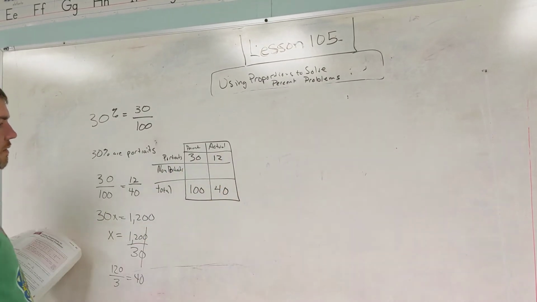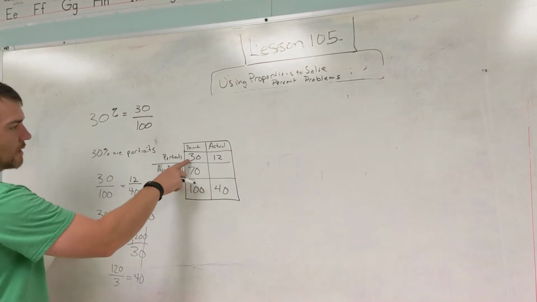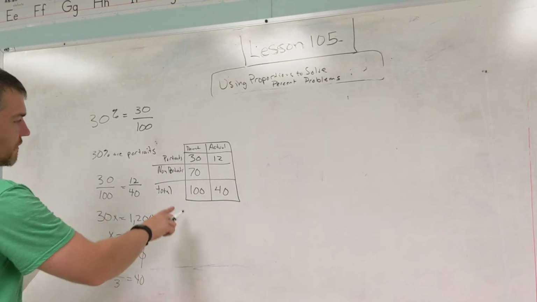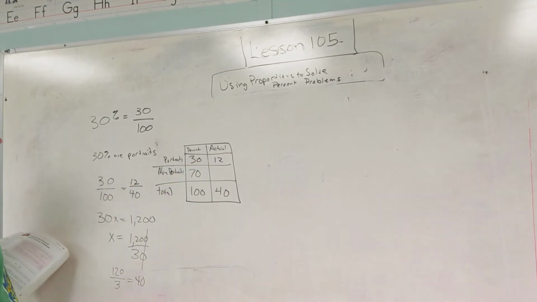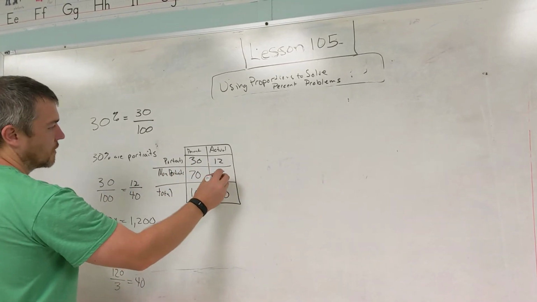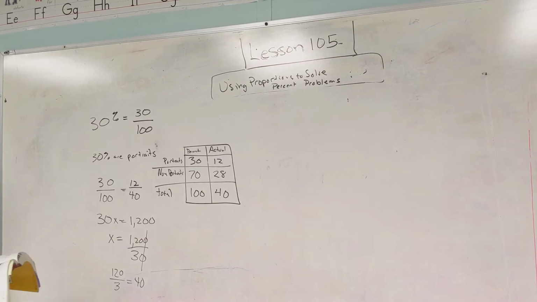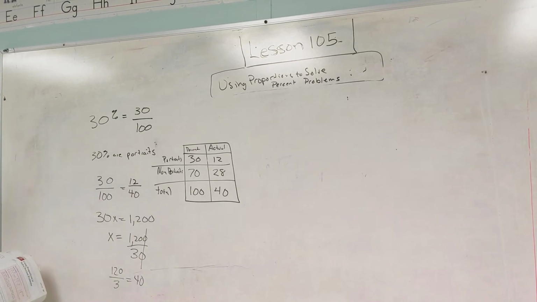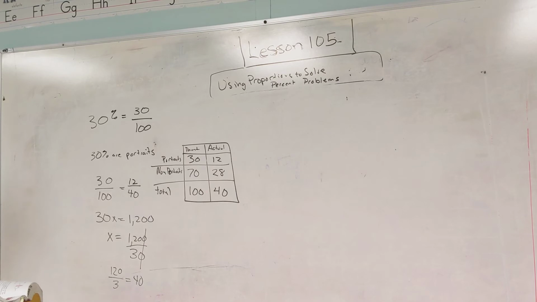And so we had 40. Now we can figure out how many are non-portraits. Here the percentage would be 70%, because whatever is left over, 100 minus 30, you have 70. And then we can find how many are non-portraits for our actuals, because we can do 40 minus 12, which is going to be 28. So they're using these percentage values as a ratio to find out what our actual values would be, given some data based on the problem.